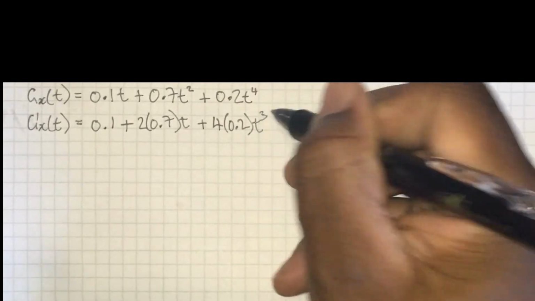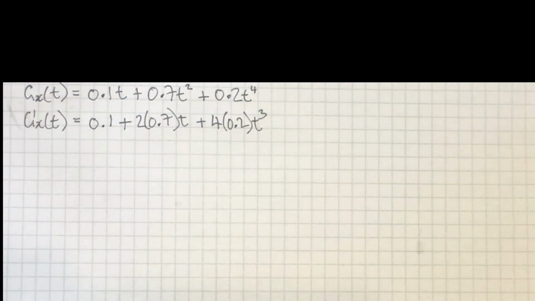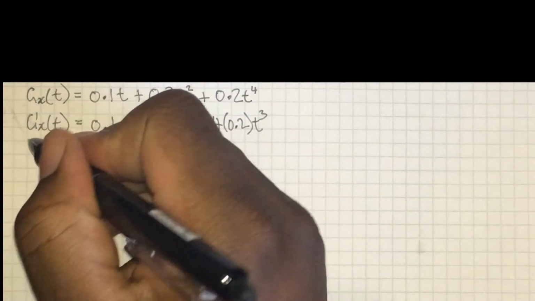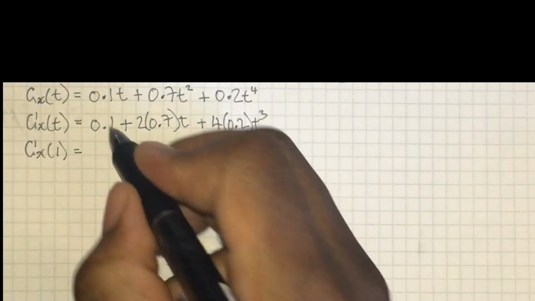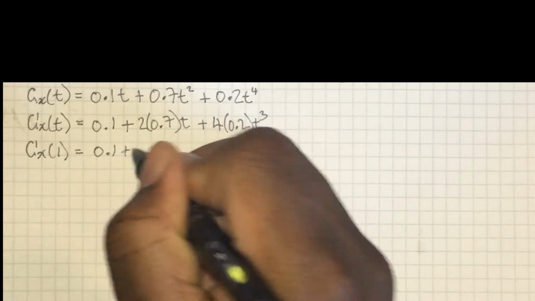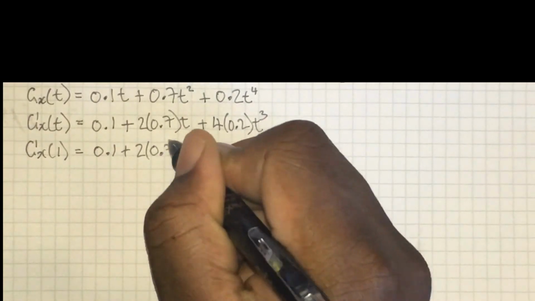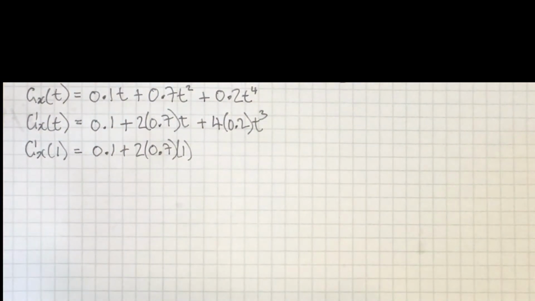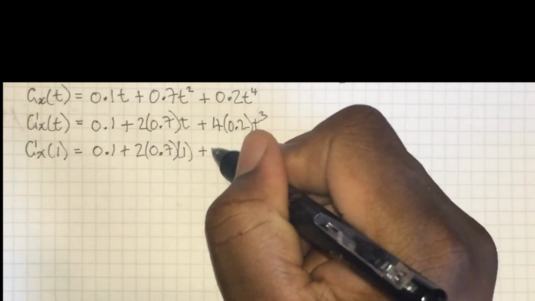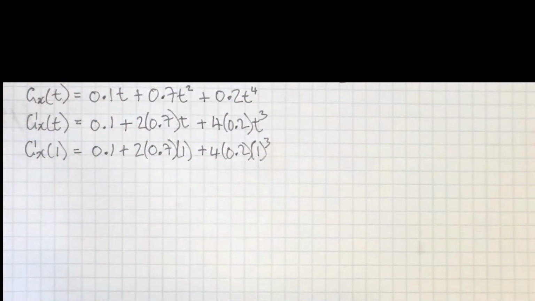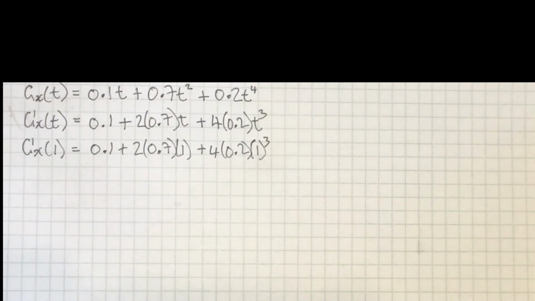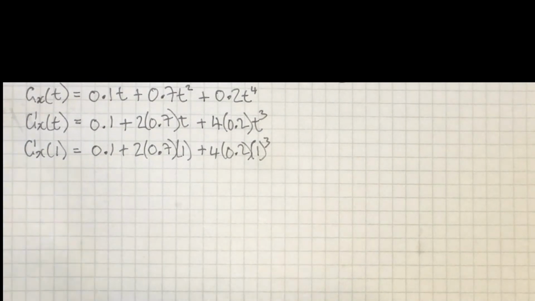You may not recognize anything in this at the moment, but what would happen if we substituted in 1 instead of the t? Well, we would get all of our coefficients. So 0.1, 2 times 0.7, and 4 times 0.2. Well, do you recognize what we have here?